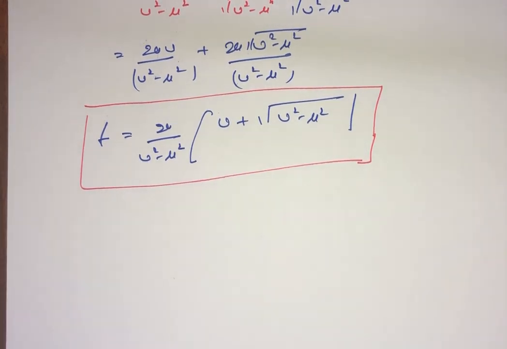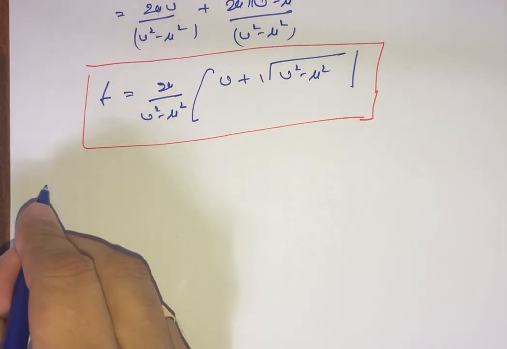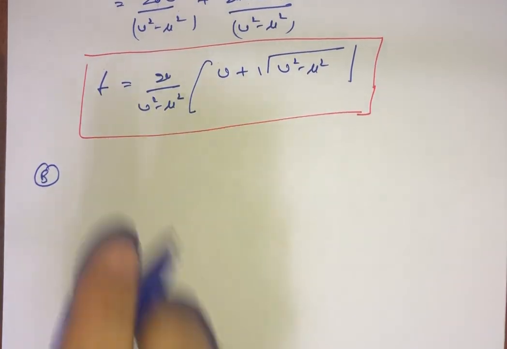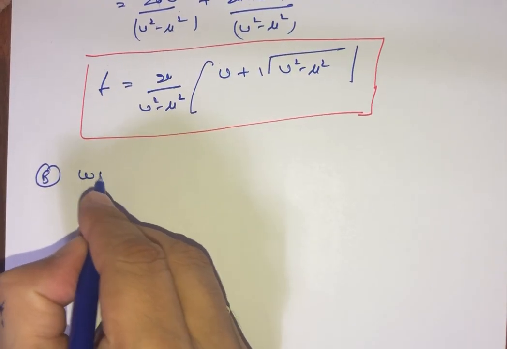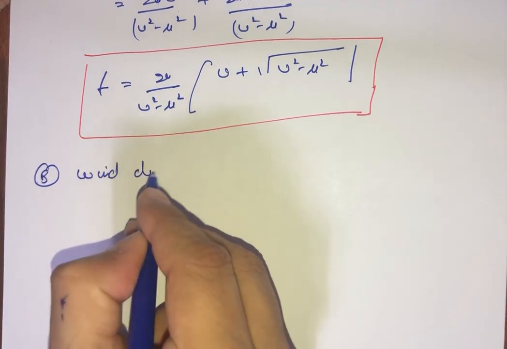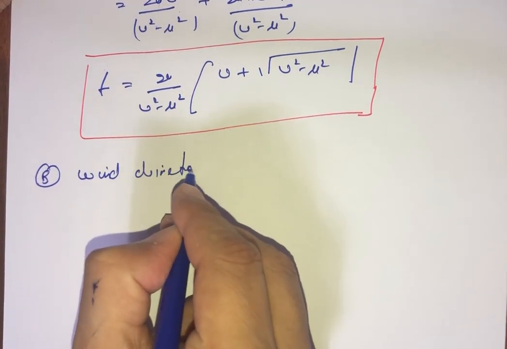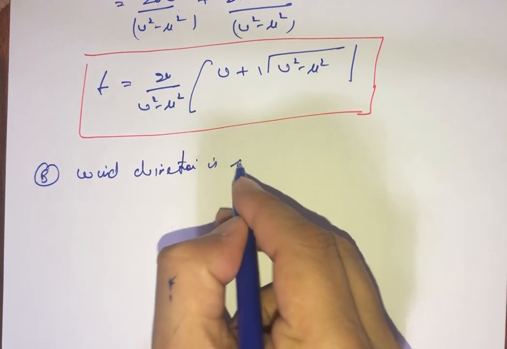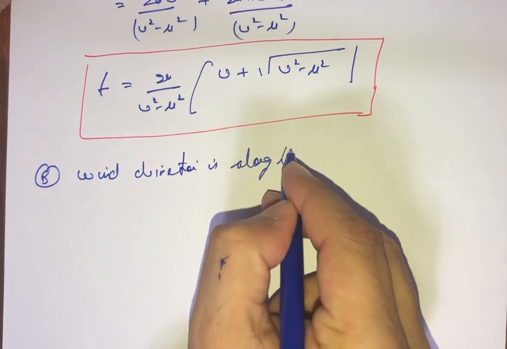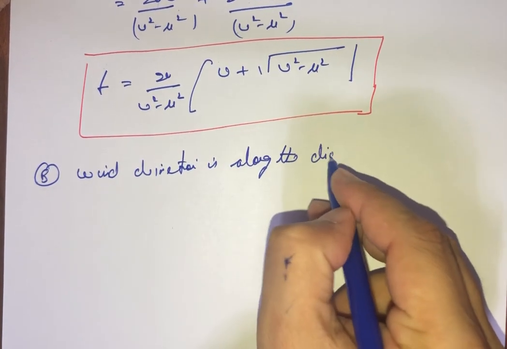Now the second, in the B part, wind direction is along the diagonal.